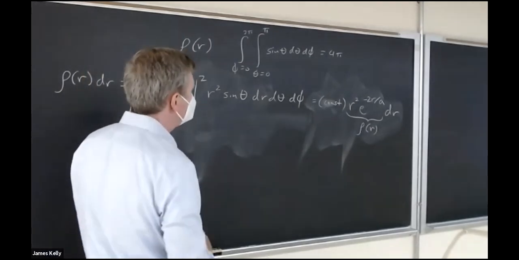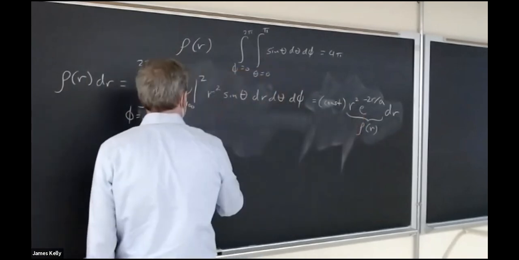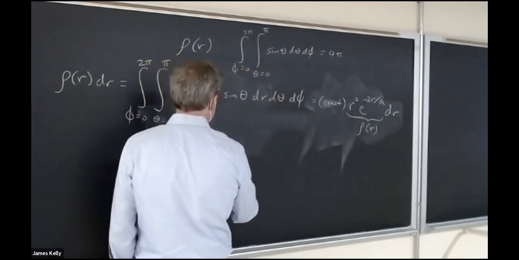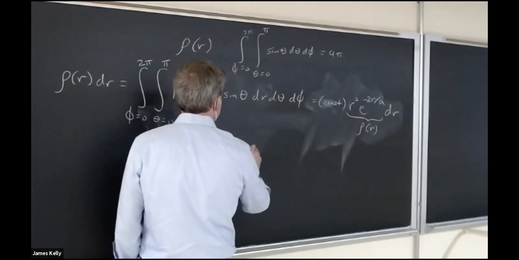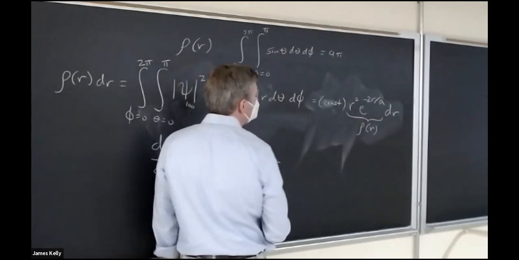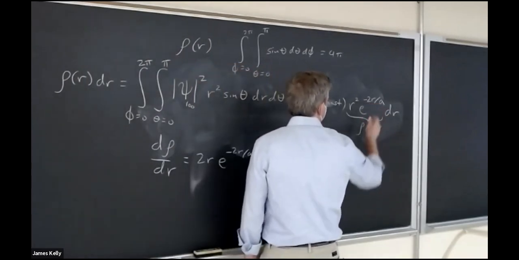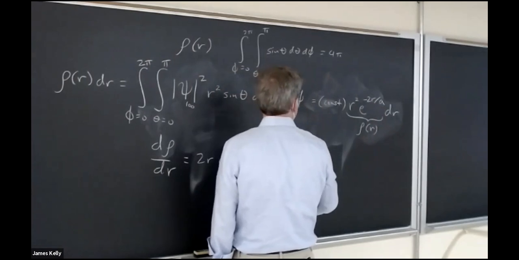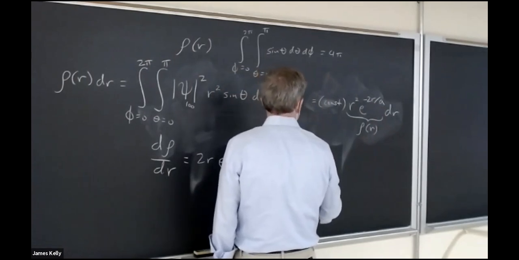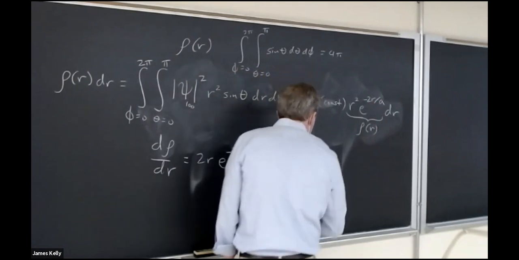I've got a product rule. So I have the derivative of r squared times that exponential function, plus r squared times the derivative of the exponential function, which gives me a minus 2 over a times e to the minus 2r over a.